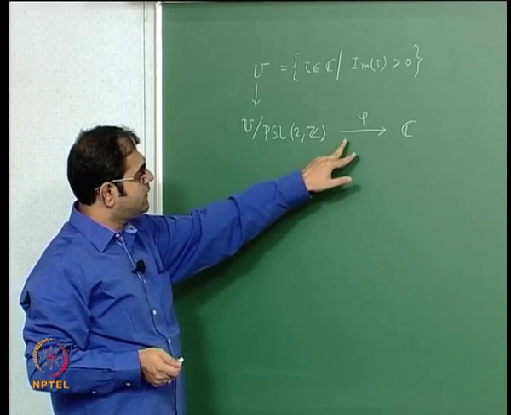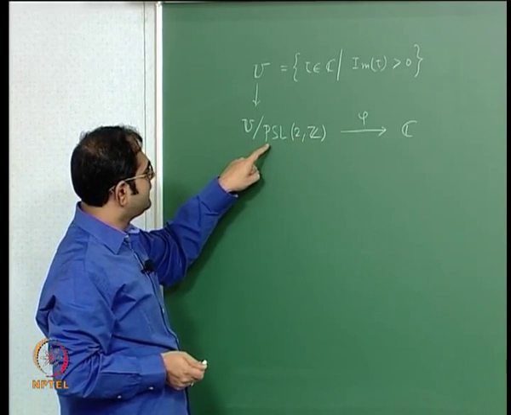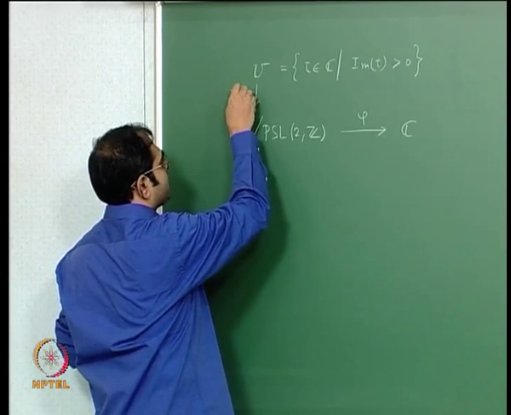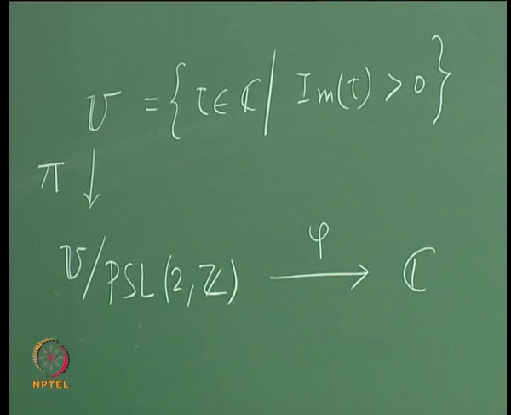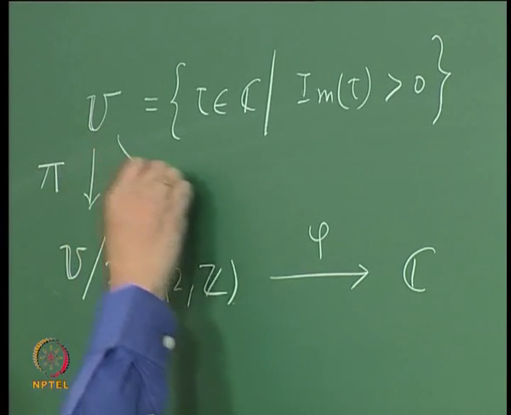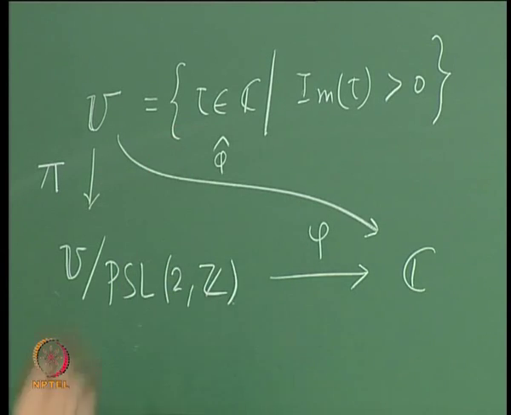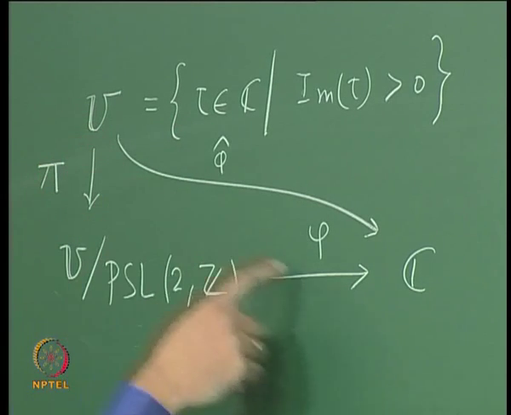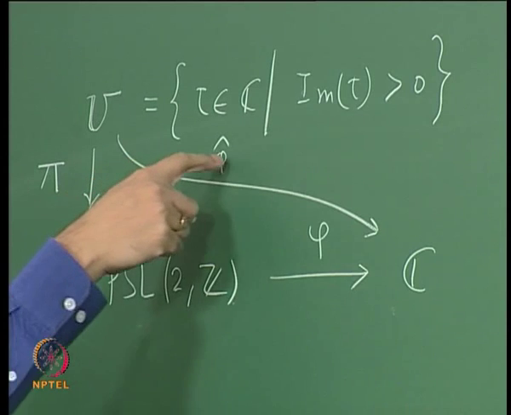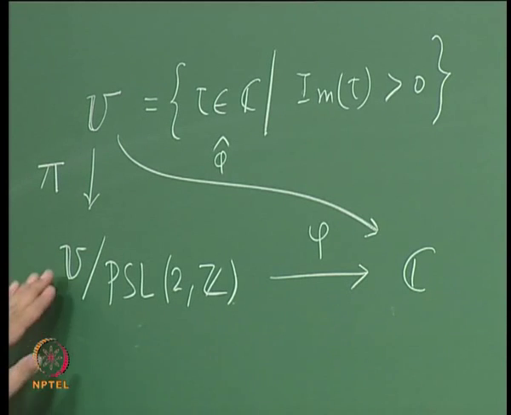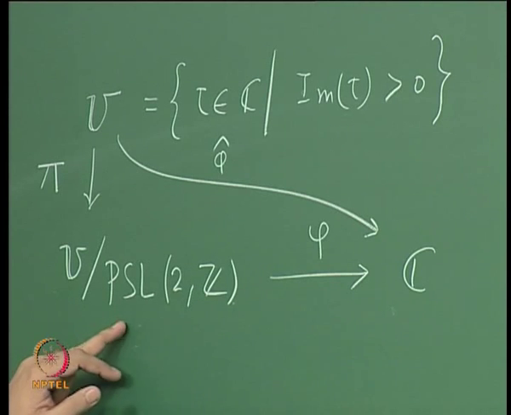You must realize that if I compose it with this projection, which I call pi, I get a holomorphic function from the upper half plane to C, because this is just a composition, and the canonical quotient map is holomorphic, since that is the way we constructed the Riemann surface structure on this.